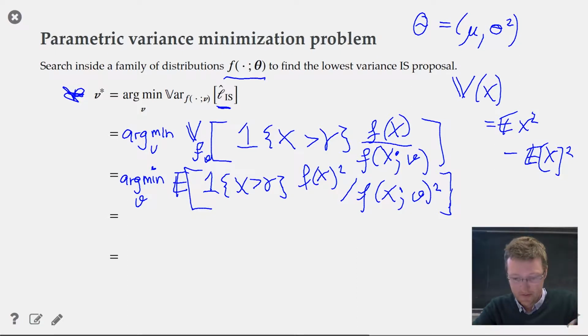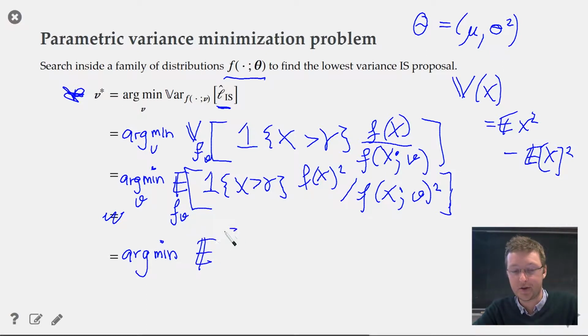So where does that leave us? The last thing we can do is put this back in terms of the original density. So instead of with respect to f of v, do sort of a reverse importance sampling to put it back in terms of the original one, f.